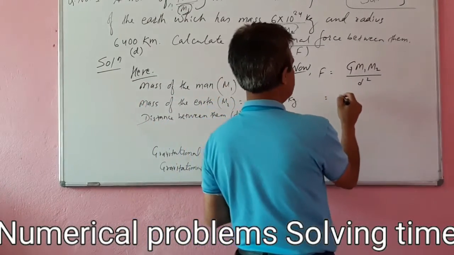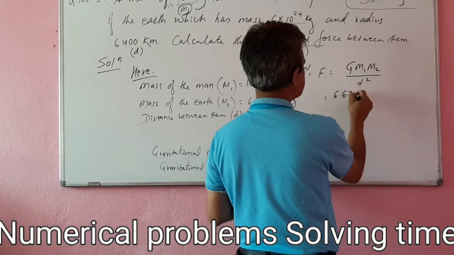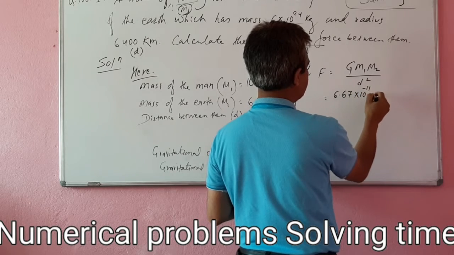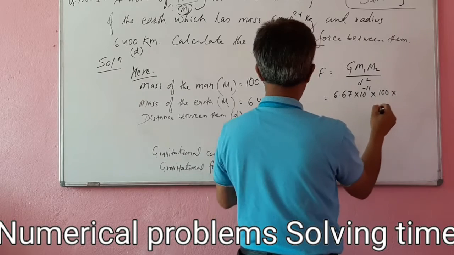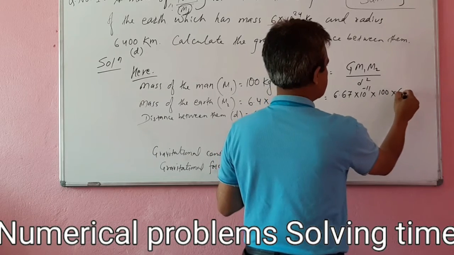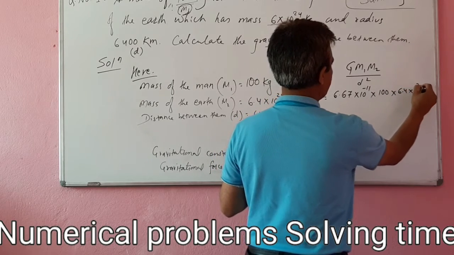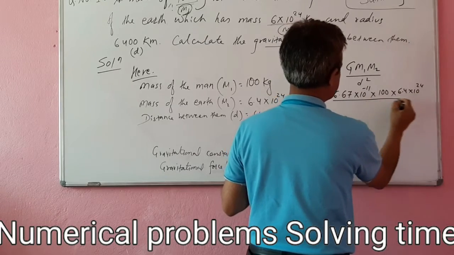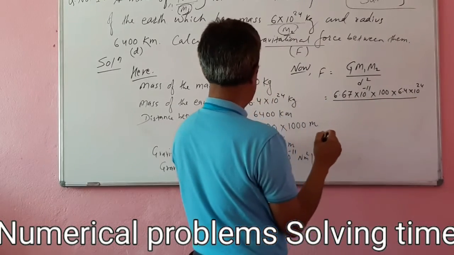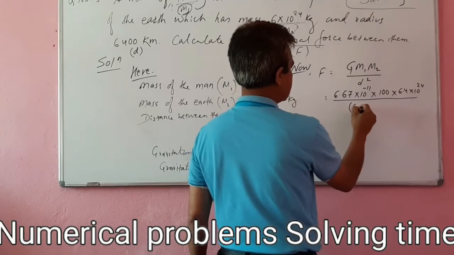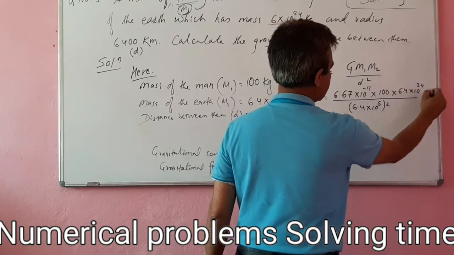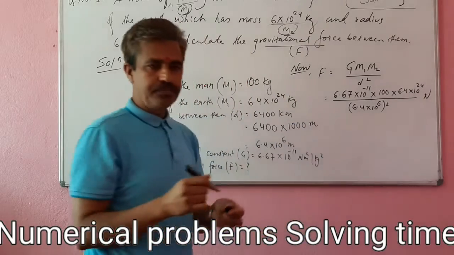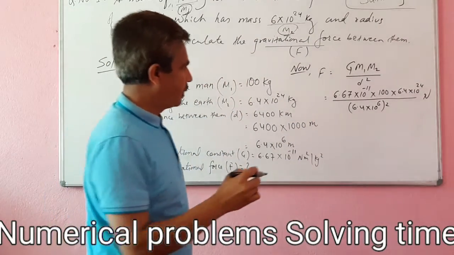So the value of G is 6.67 times 10 to the power minus 11. M1 is 100. M2 is 6.4 times 10 to the power 24, divided by D square, which is 6.4 times 10 to the power 6 whole square. It becomes now Newton.